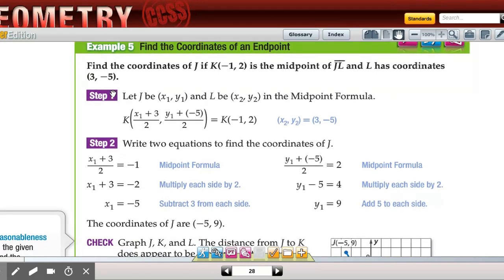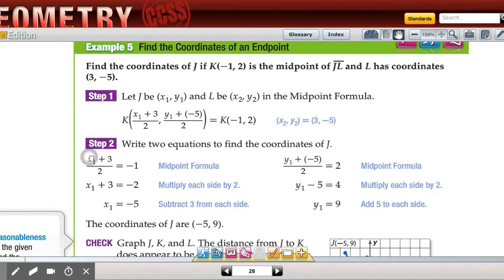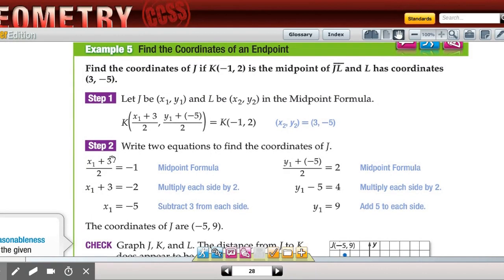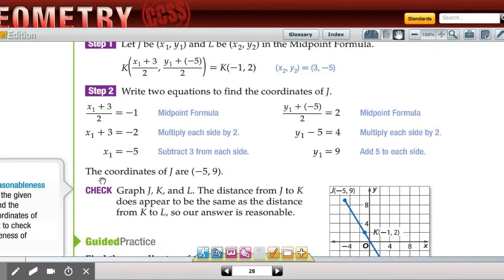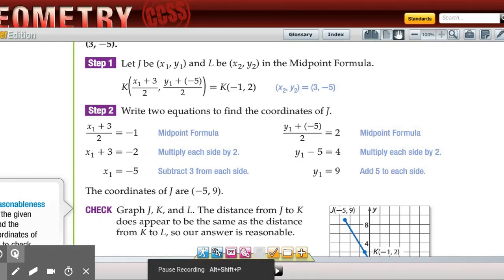And I do it differently. Because what they're doing is taking what you know here. We know one part of one coordinate, we don't know the other one, divided by 2 equals -1. But the way I'm doing it is I draw it and write it out and do it as a line, and you'll see that in just a minute.